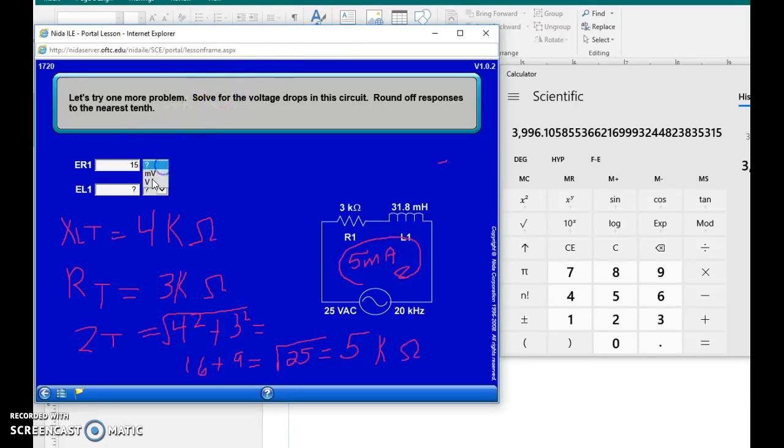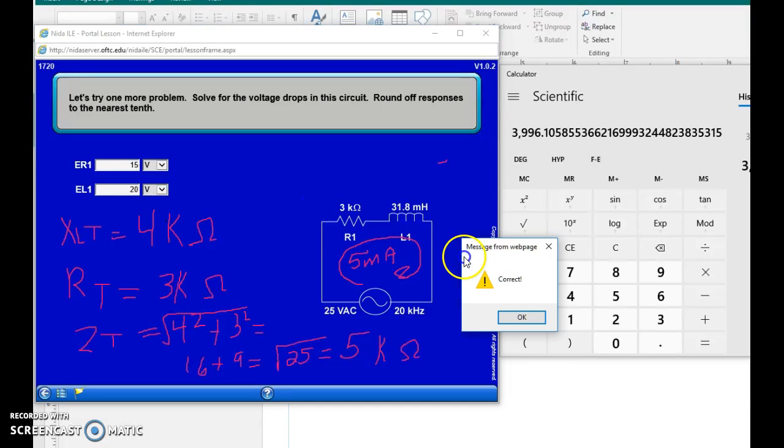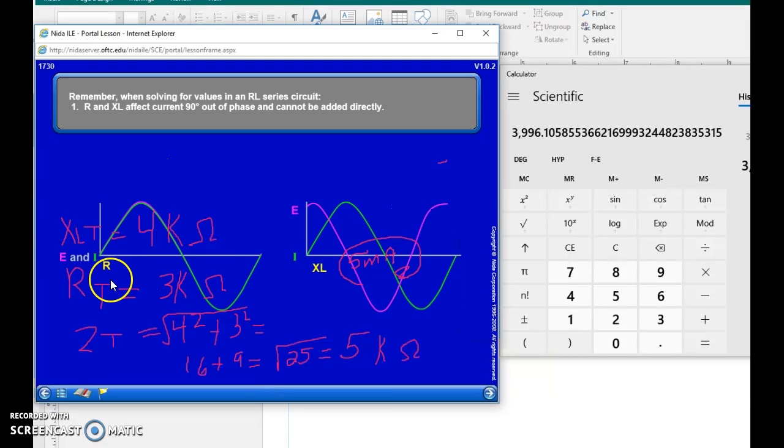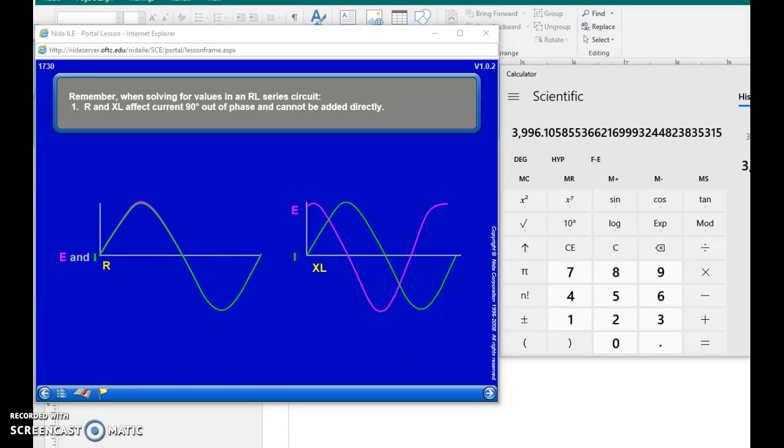It's going to be 15 volts. And then we're going to take 5 times, remember I've got to have X of LT, which is 4K, so that's 20 volts. And that should be right. And there we go. So it's just a matter of step by step by step by step. So let's get rid of this scribble. And let's pause the video a moment.